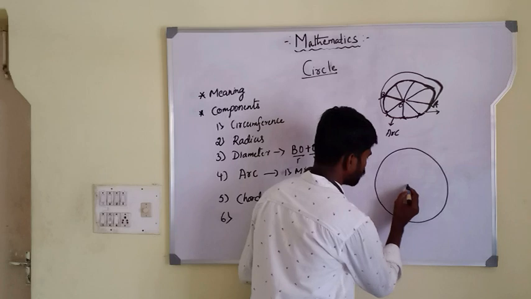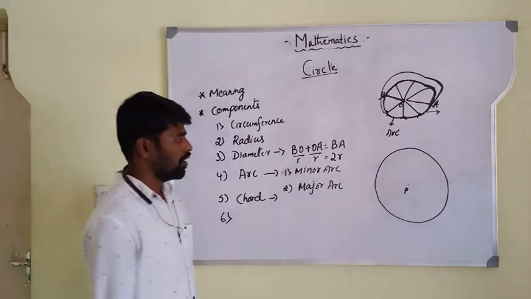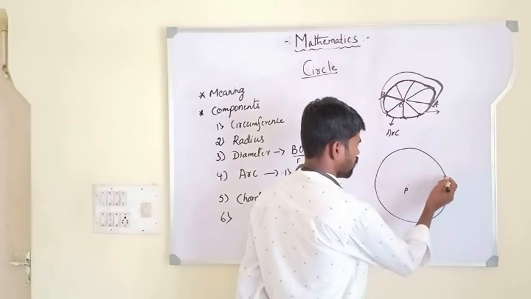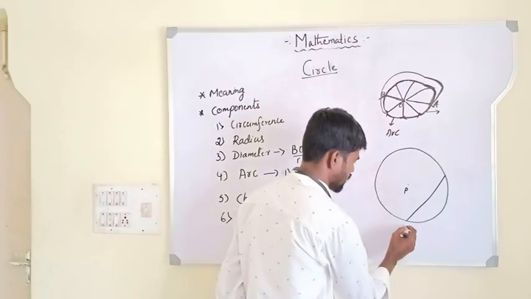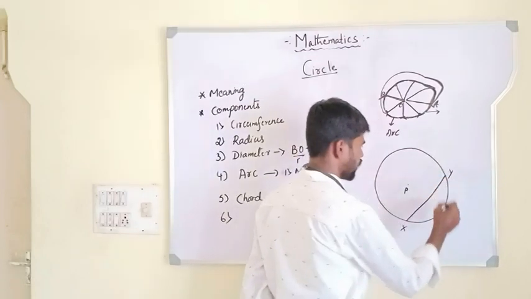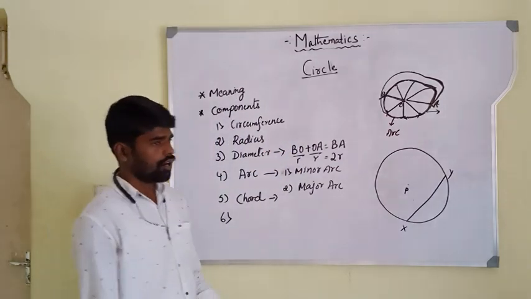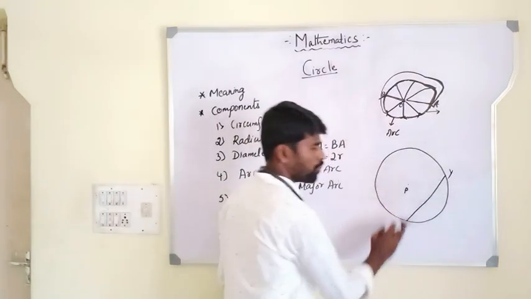Now let us choose a center P. Draw any one chord. So let us take this as X and this as Y. XY is a chord.